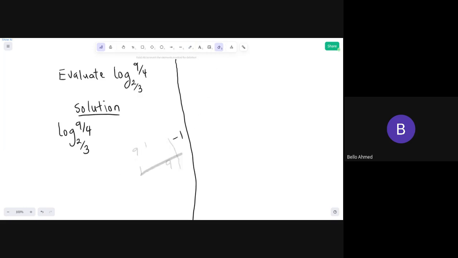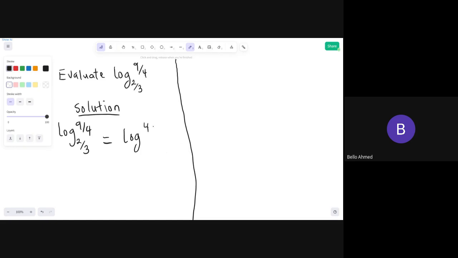You should look carefully so that you do not think that when you break down this 9 over 4, it is going to give you what you want immediately. Nope. So now, I'm going to say logarithm of 9 over 4, which I'm going to write as 4 over 9, in brackets, and now I'm going to put negative 1, because I've turned the 9 over 4 to 4 over 9.